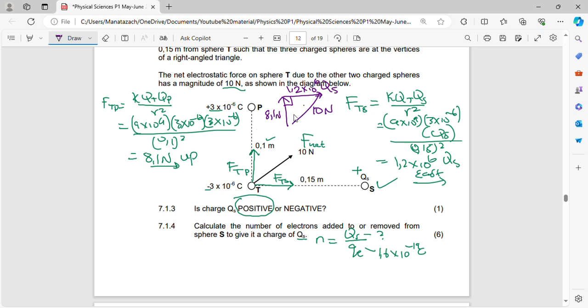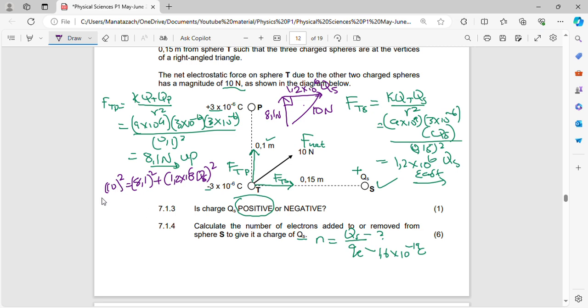I can use the theorem of Pythagoras to work out the QS. So according to the theorem of Pythagoras, the hypotenuse side squared is equal to this side here, adjacent side, 8,1 squared plus that other side, 1,2 times 10 exponent 6 QS squared.